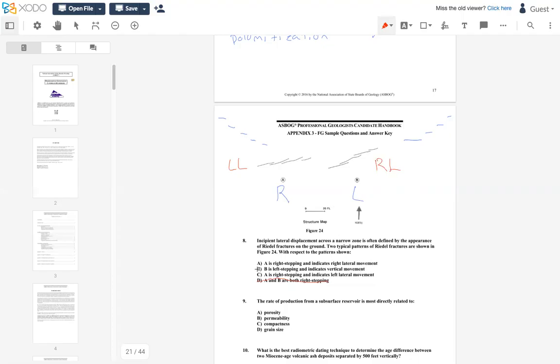No, because we know what the sense of movement is. It's not vertical. A is right stepping, indicates a right lateral movement. We know that's wrong because it's right stepping, it has to be showing an opposite direction for the sense of movement. So we know that our answer choice has to be C.